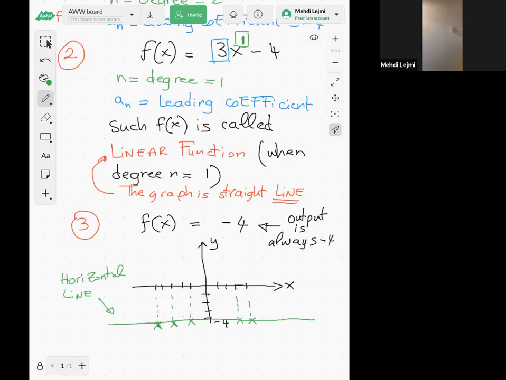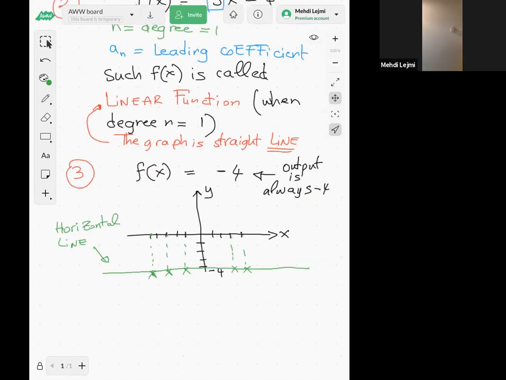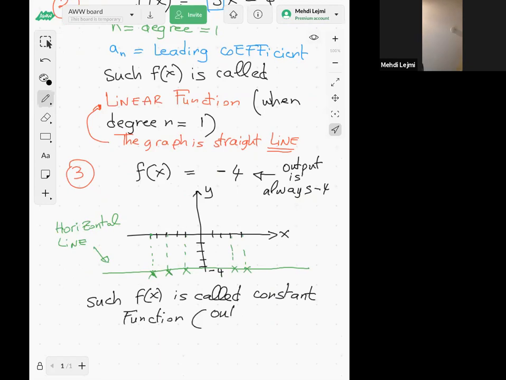So let me write down here: such f of x is called a constant function. A constant function means that the output is fixed.